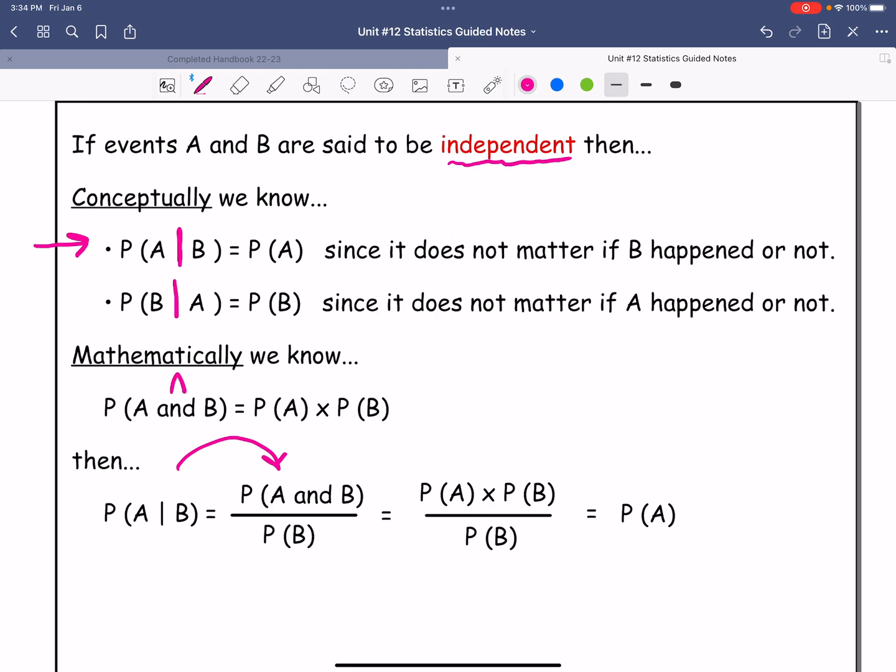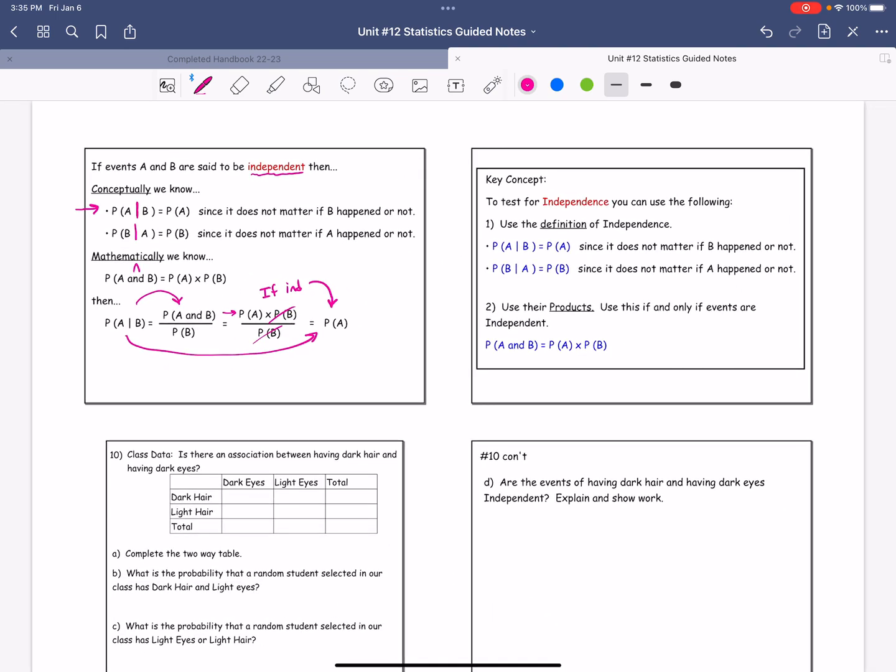Probability of A and B, if independent, is A times B. The B's cancel, and we get probability of A. So if events are independent, then probability of A given B is the same as probability of A.